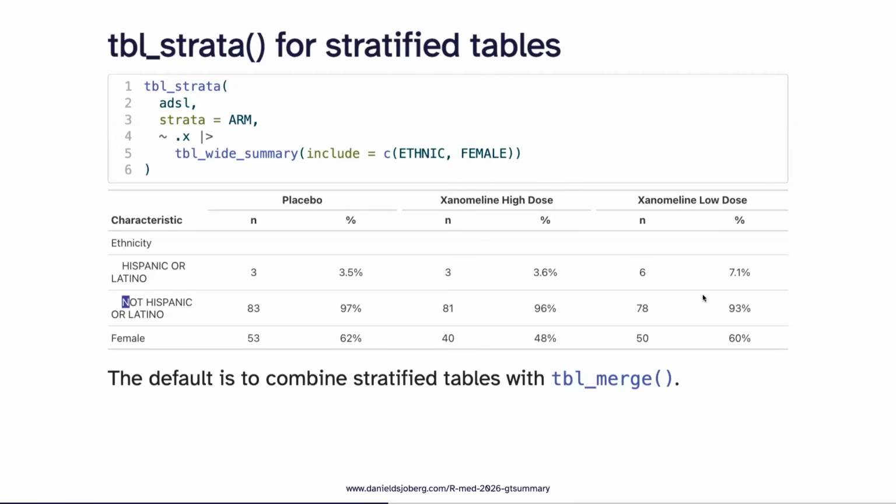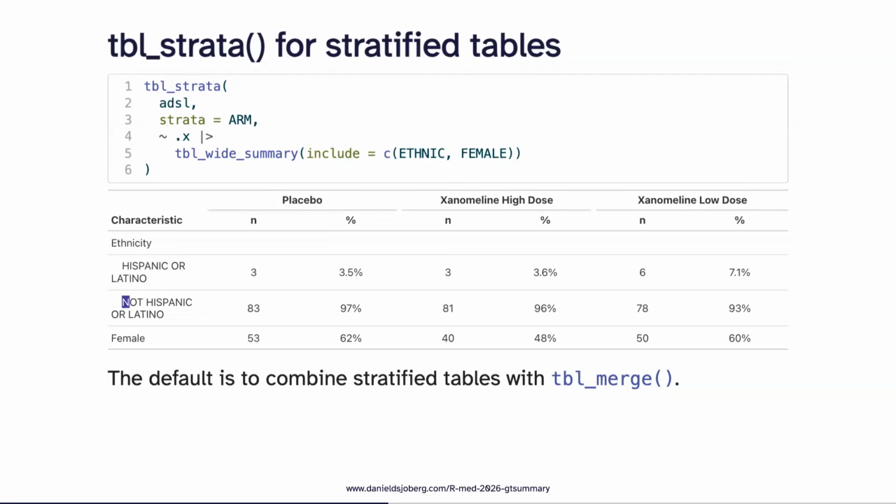There'd be no context for it to know, within that subset of the ADSL dataset, that there is a level for not Hispanic or Latino, because all it knows is that they're 100% Hispanic or Latino in that subset, right? So it's important to keep that in mind when you are merging those things together. It's meant for merging like tables. They need to look similar. They need to have similar structures to get the exact structure that you're expecting.